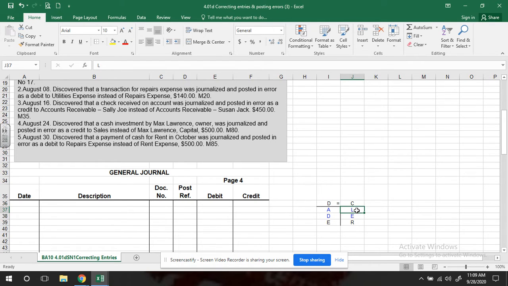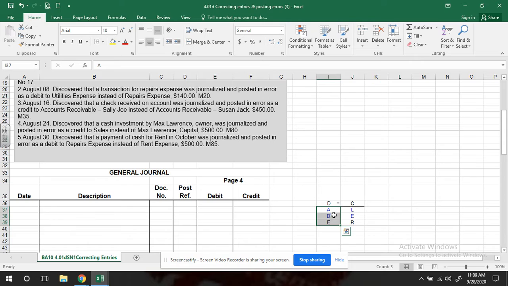So, for example, these types of accounts, liabilities, owner's equities, and revenue, when they decrease, I have to actually write them as a debit. Okay? I increase them only on the credit side. That's telling me that they're increasing. But if I see them on the debit side, it means they're decreasing.